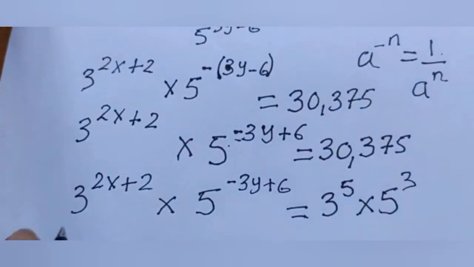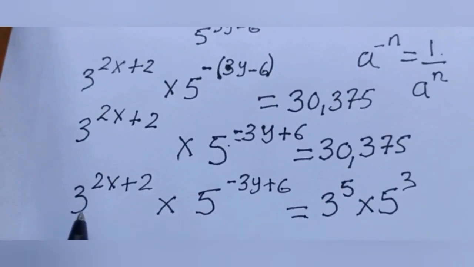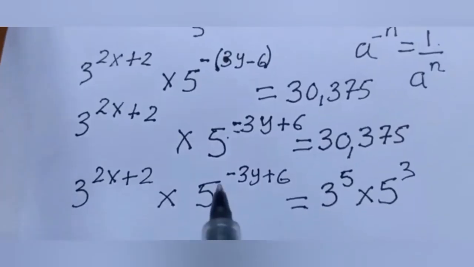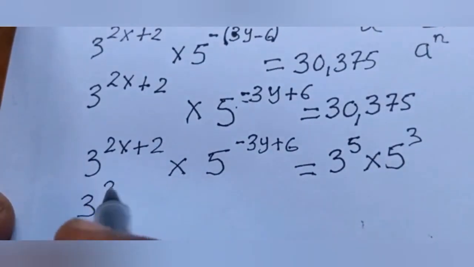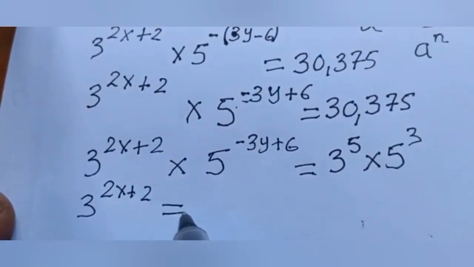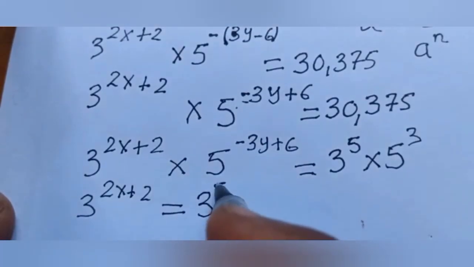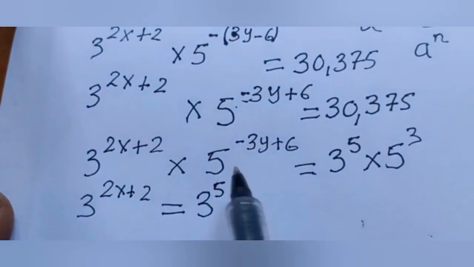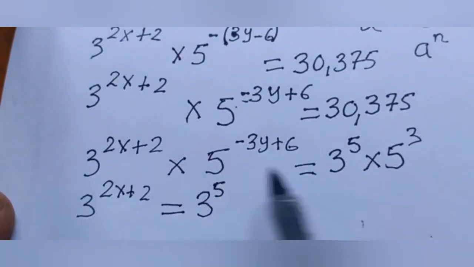As you can see, this one, its base is 3, and this one, its base is 3. So we can equate this one with this one. So we have 3 raised to 2x plus 2 equals 3 raised to power 5. Again, this one, its base is 5, and this one, its base is 5. So we can equate.